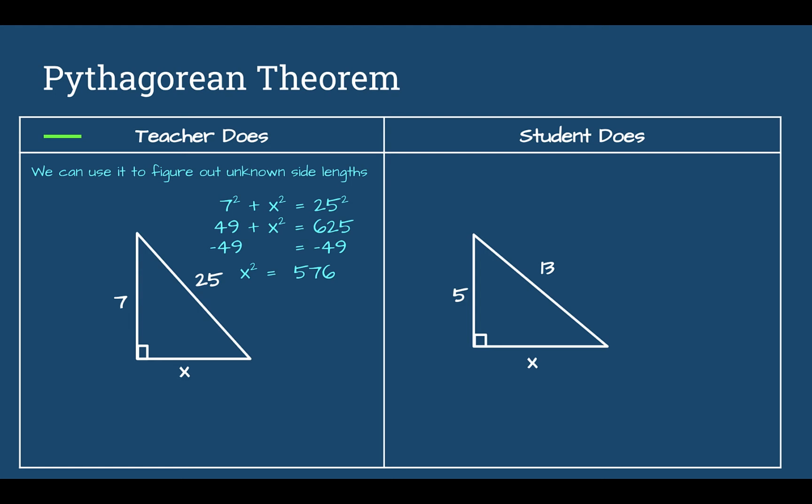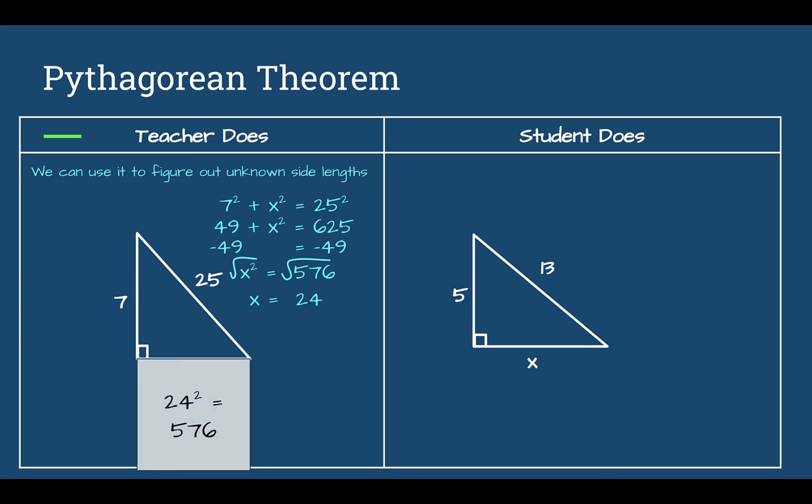Then, to solve for x, when you have an x to the second power, you take the square root. So if I take the square root of both sides, the square root of x squared is x, and the square root of 576 is 24. So that missing side must have been 24, giving it an area of 576.